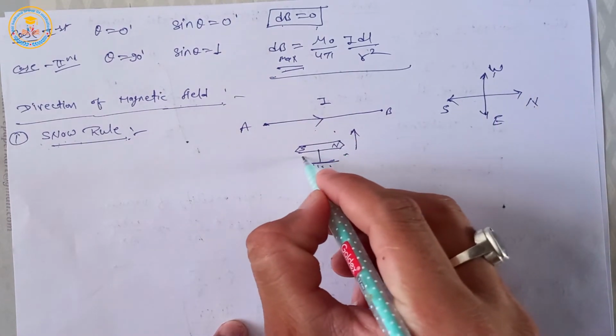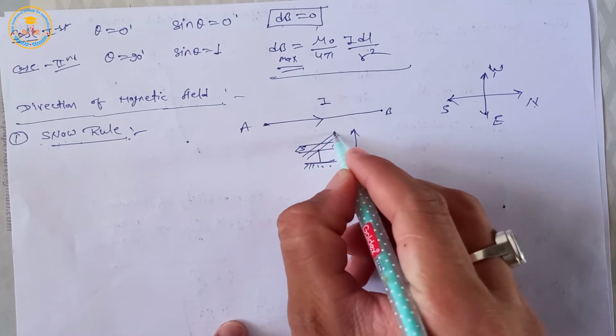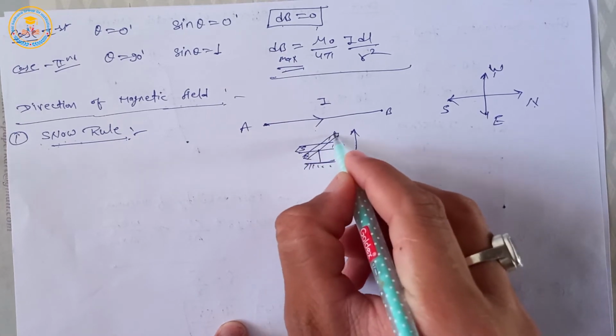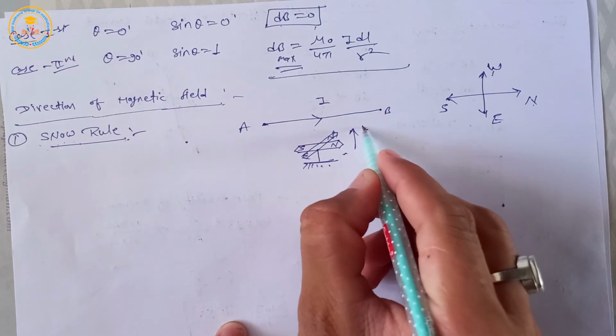It means the position of this magnetic needle is like that, in this direction.